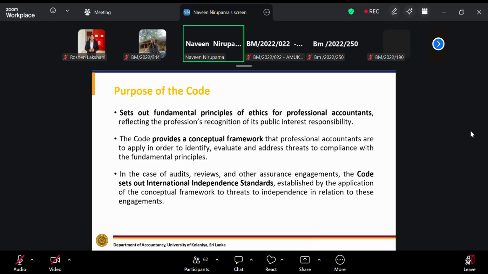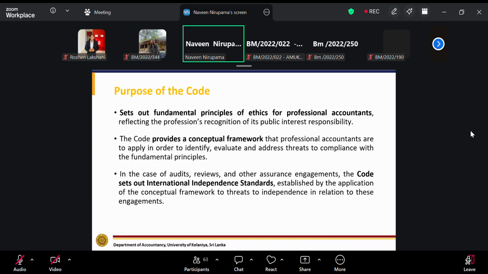In addition to that, in the case of audits, reviews, and other assurance engagements, the code sets out international independence standards. The codes are set out by the international independence standards established by applicable conceptual framework to threats to independence in relation to these engagements. As auditors, they have to review the audits and engage with the audit assurance.